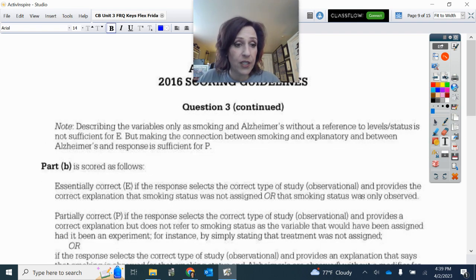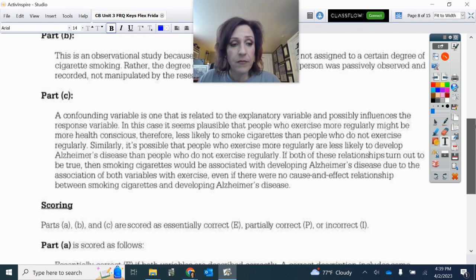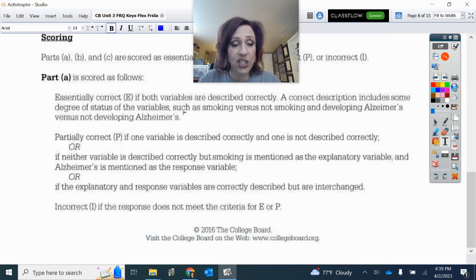So whenever you look at the grading on that, then that's what you see. It's essentially correct if they did both variables correctly. So here is how you would get marked, such as smoking versus not smoking, Alzheimer's versus not developing Alzheimer's, partially. You described it.